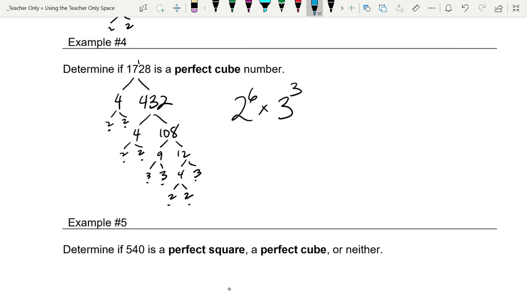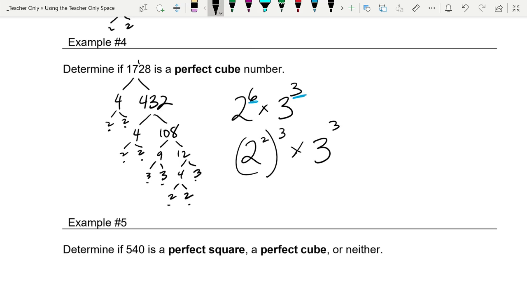There might be people going, well, yeah, I got a cube here, but that's not a cube. Actually, it is a cube, right? Because it's 2 cubed squared. Or even better, let's write it the other way. It's 2 squared cubed.